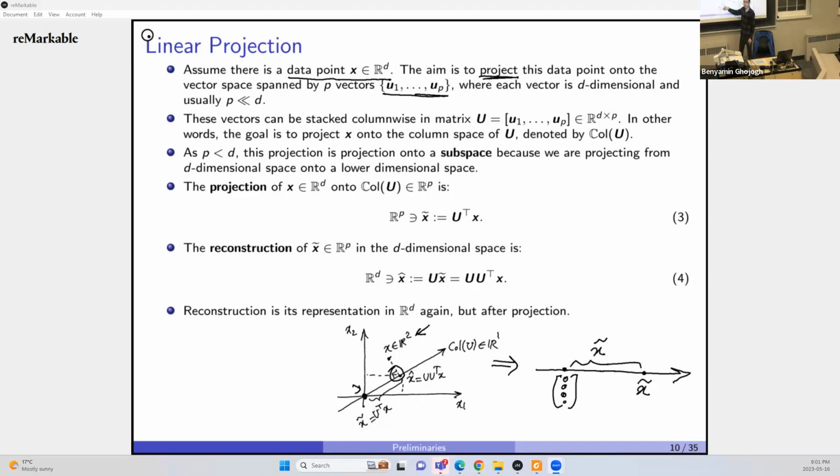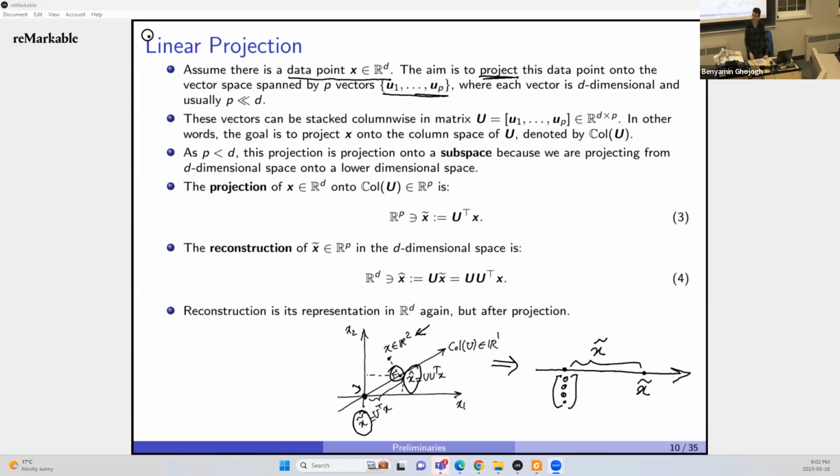After projection, you can see it in the two-dimensional space again, although it's not the original two-dimensional point anymore. That is projected. Clear? Okay, so if I see it again in the two-dimensional space, it's reconstructed, denoted by x hat.